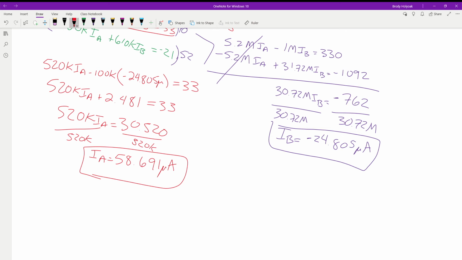Now, we're going to take these currents and go back in and solve for the other two components that we need. We need to solve for the current through resistor 2 and the voltage of resistor 2. So IA is 58.691 microamps. IB is 24.805 microamps.